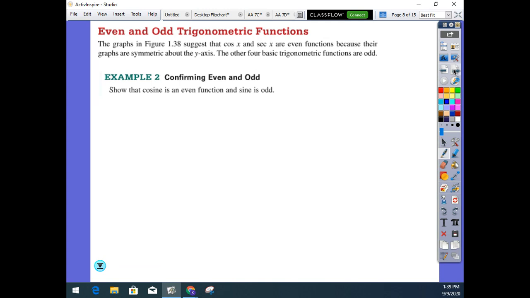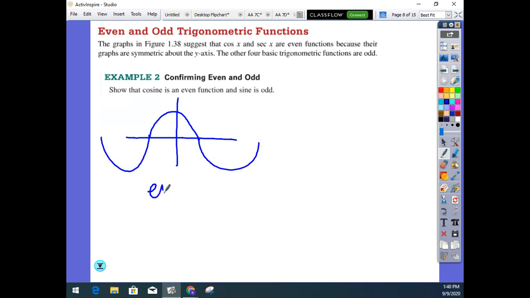All right, even and odd. So the way I like to think of this, let's think of the cosine curve. Remember how I said even functions are reflected over the y-axis? If you flip it, it has y-axis symmetry, and so therefore it's even.